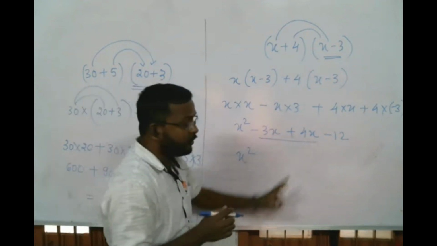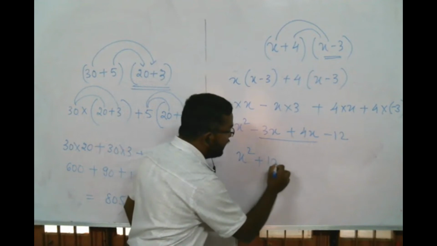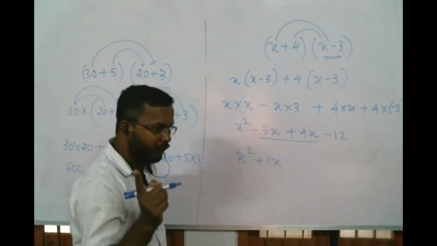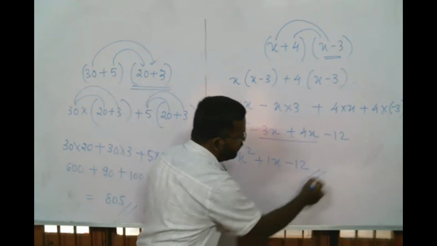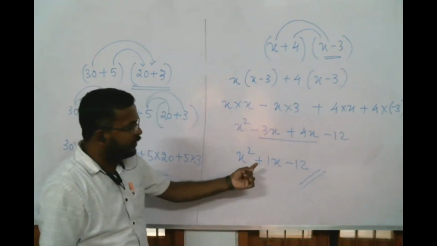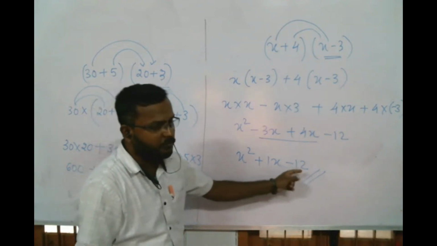Minus 3 plus 4 you will get 1x. So you will be getting 1x minus 12. So this is the answer, x square plus 1x, or simply x, minus 12.